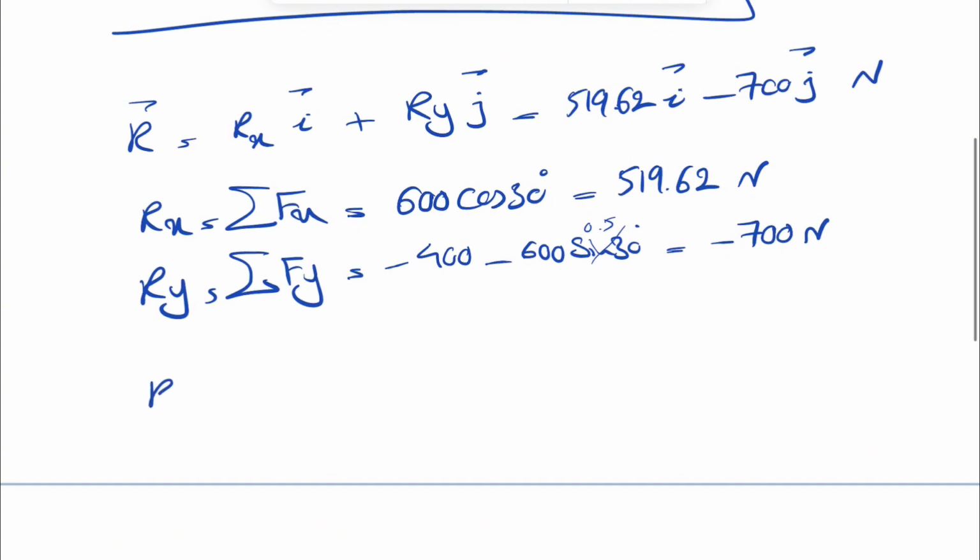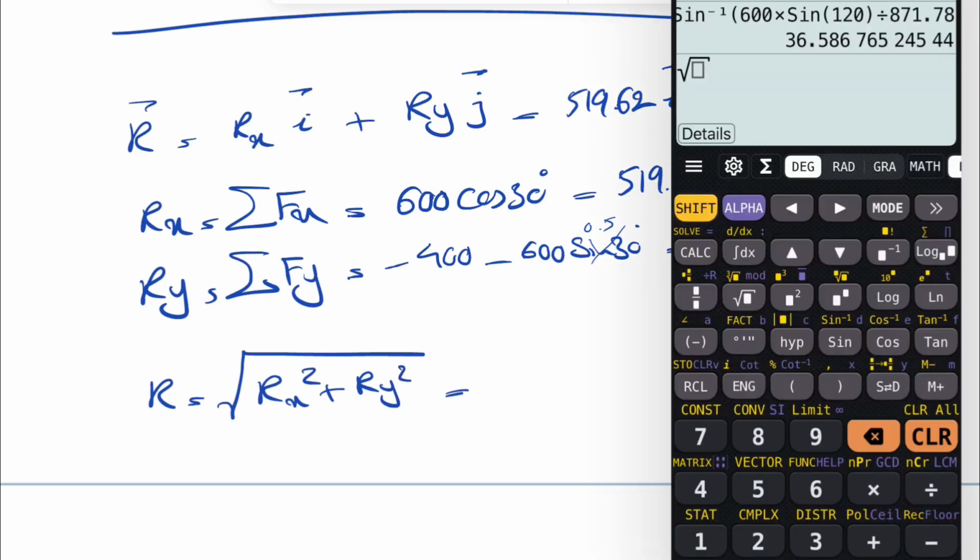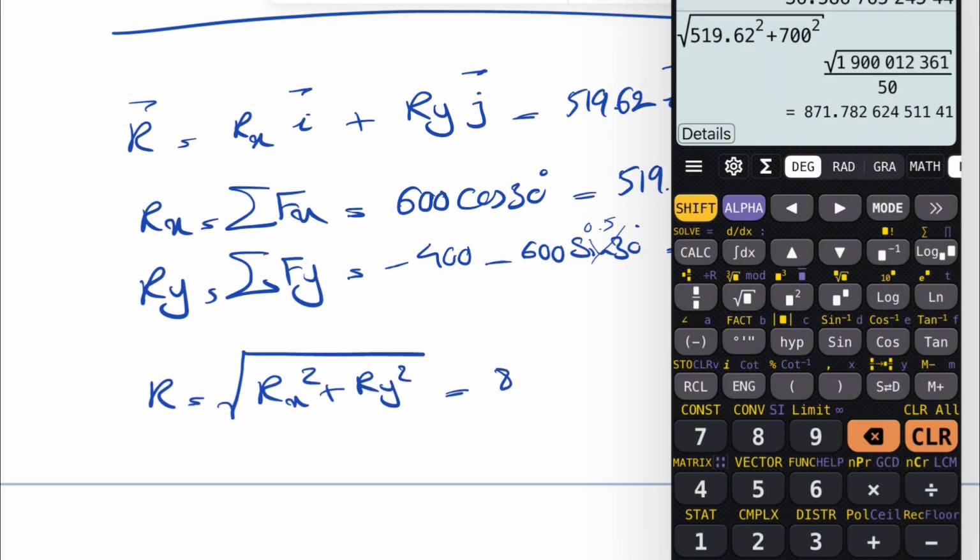And we also can find the resultant, which would be the square root of Rx squared plus Ry squared. So the square root of 519.62 squared plus 700 squared is going to give us 871.78 newtons.